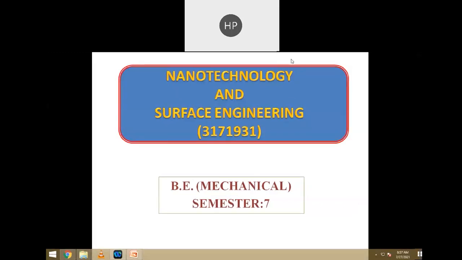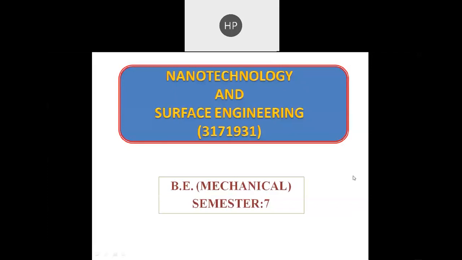So in this subject of nanotechnology and surface engineering, so far we have discussed the scanning electron microscope. In that, we have discussed how the scanning electron microscope (SEM) is different from the optical microscope or light microscope.